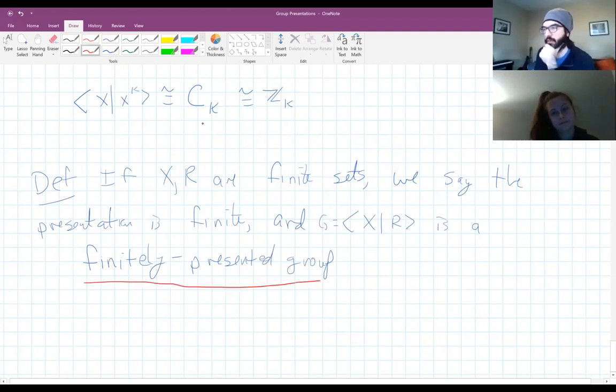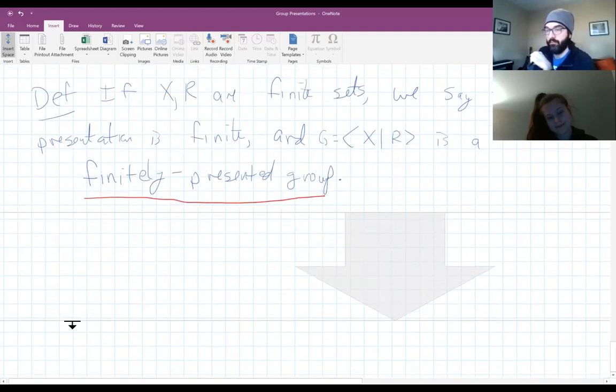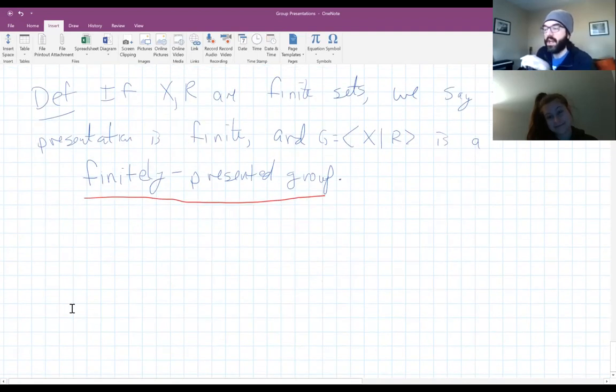Have you come across that term yet? No. Okay, but you've been working with finitely presented groups. That's everything you've been doing in GAP. They've all been finitely presented groups. Let me ask you a question. I want you to think very carefully. Are finitely presented groups finite groups?